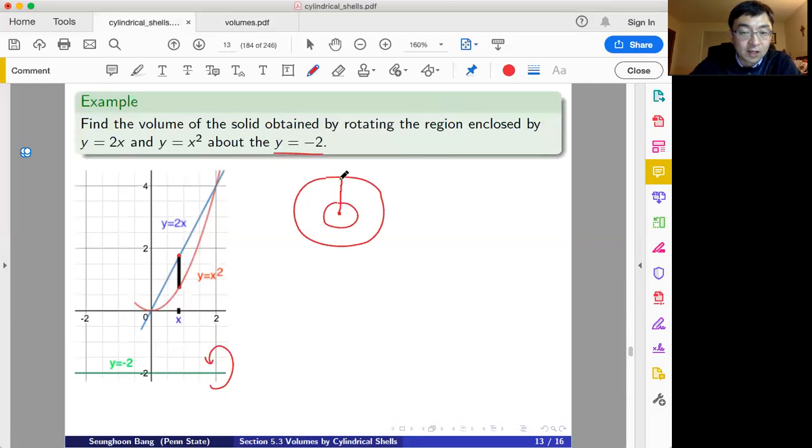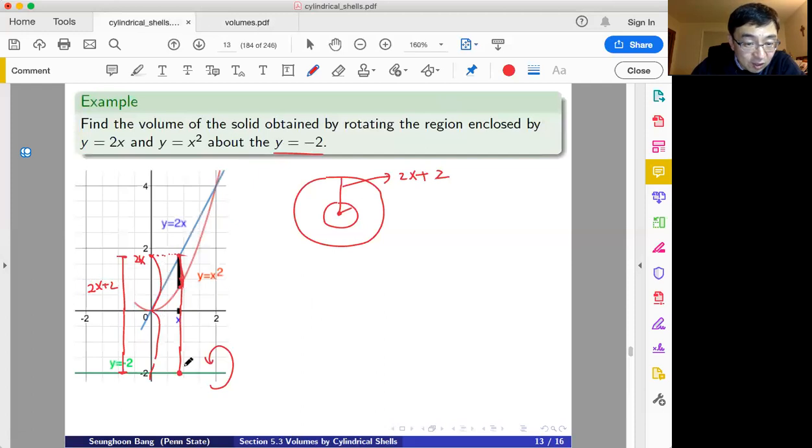You can find the outer radius and inner radius. So what's the center? The center of the washer is always on the rotating axis. What's the outer radius? You can connect this point to this one. This is the outer radius. This point has function value 2x, so 2x plus 2 is the outer radius.